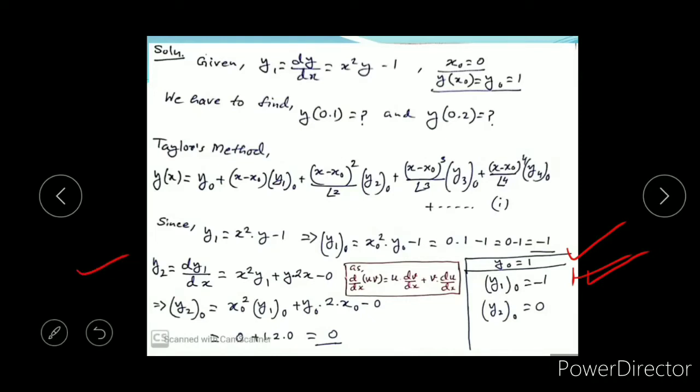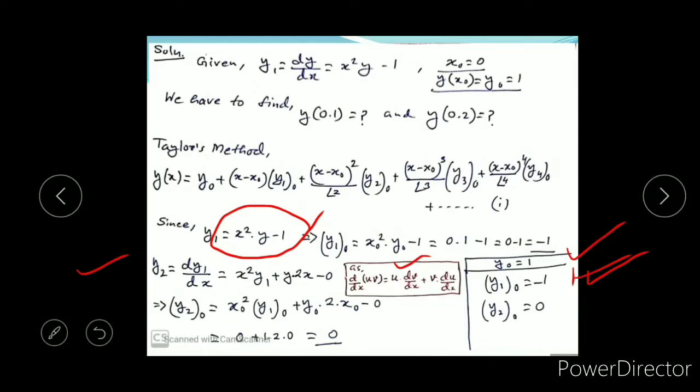What will be the value of y2? y2 equals dy1/dx, the differentiation of y1, that is this part, x squared into y minus 1. Now if we differentiate, as we know, the formula of the product is d/dx of uv.